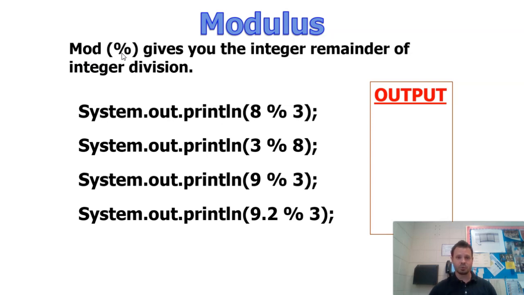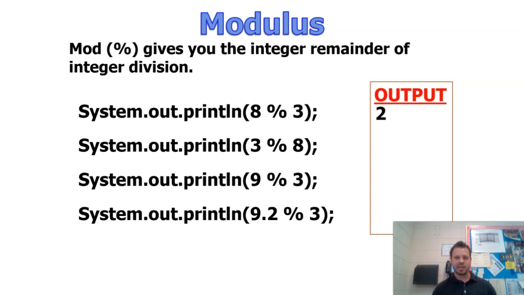So mod, which we'll type in as the percentage sign, again, nothing to do with percent, gives the integer remainder of integer division. For example, if I take 8 and divide by 3, 8 isn't divisible by 3, there's a remainder. Thinking back to elementary school math, we know that 3 goes into 8 2 times with a remainder of 2. So the output of this first expression here would be just a 2. Again, that's the remainder after integer division.